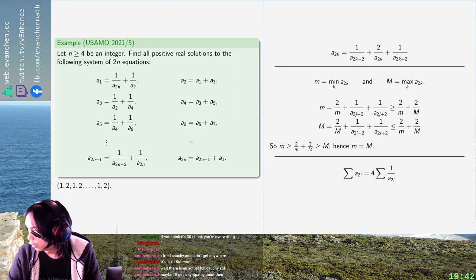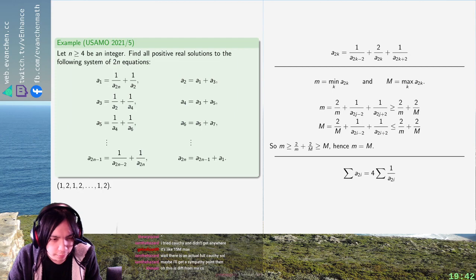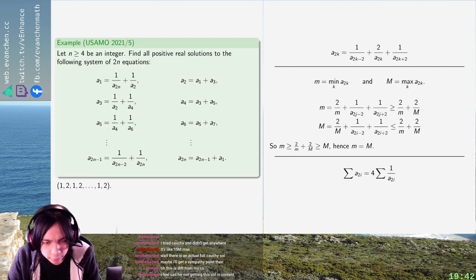On the other hand, if I take this equation and divide it by a_{2k}, I will get the summation, which is 1 equals a_{2k} squared, a_{2k}.